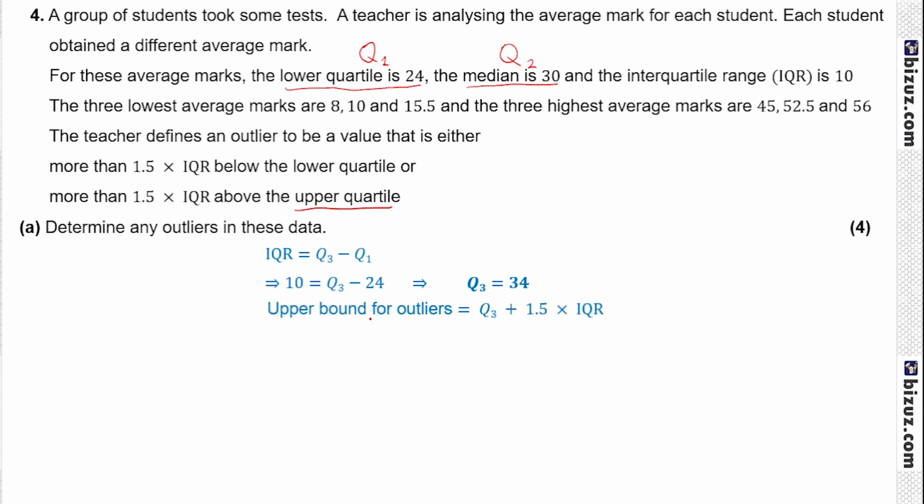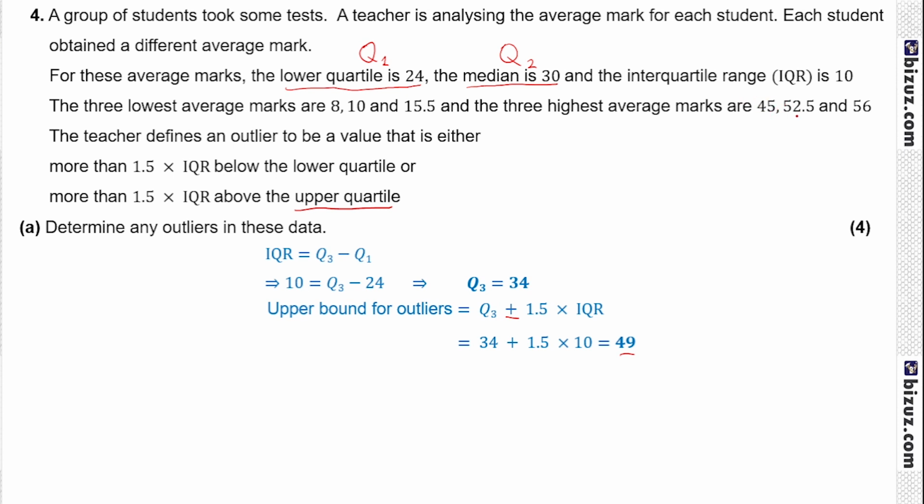Now, the upper bound for the outliers, as has been stated here, it's 1.5 into IQR above the upper quartile, or this added to the upper quartile Q3. So if we evaluate this, we get a value of 49. Let's see which of the marks are actually above 49. So not 45.